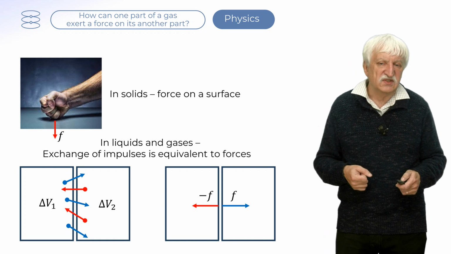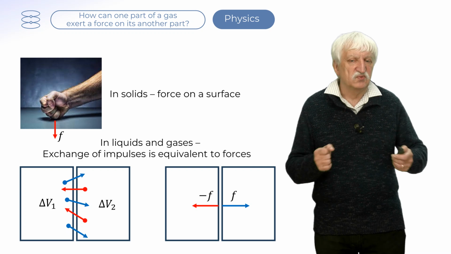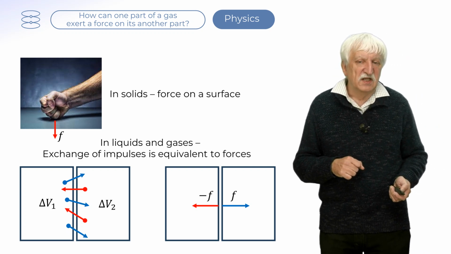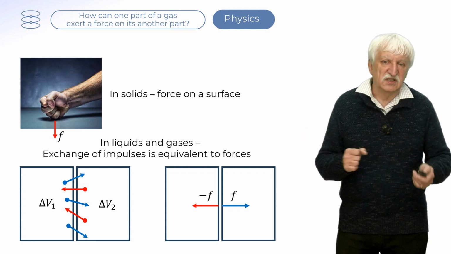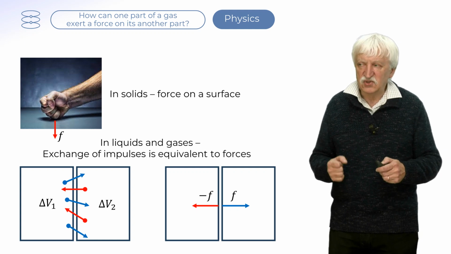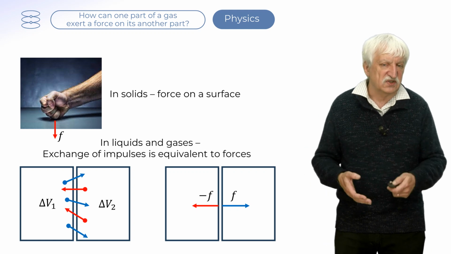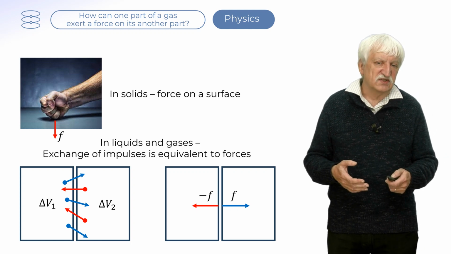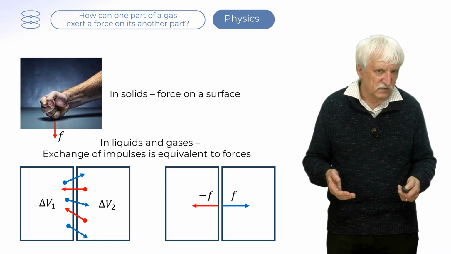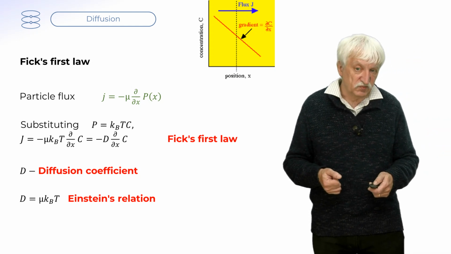There are particles that move from one volume to another, and these particles exchange impulses between the volumes. But we know, according to Newton's law, that exchange of impulses is equivalent to some average forces acting on these volumes.